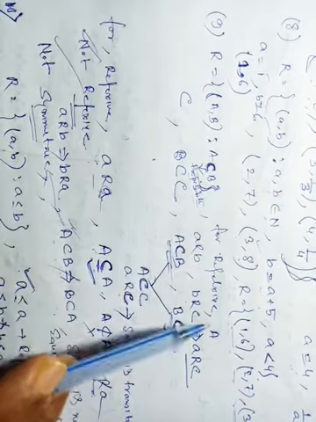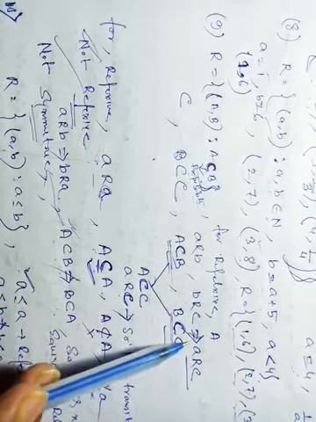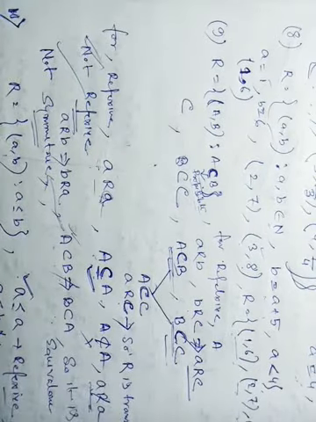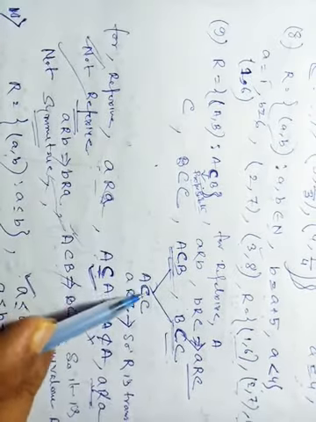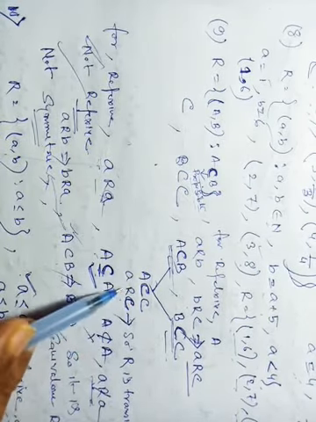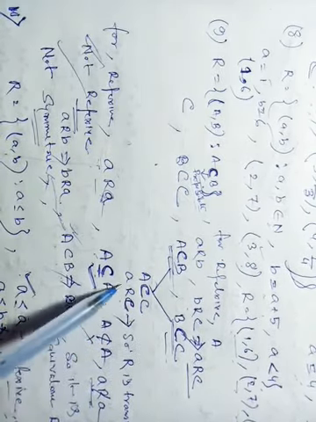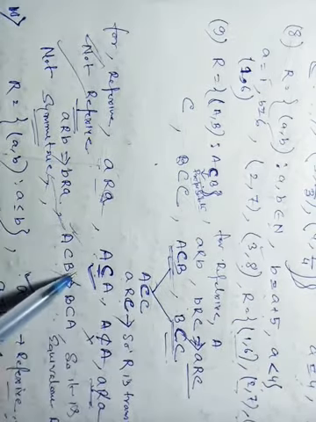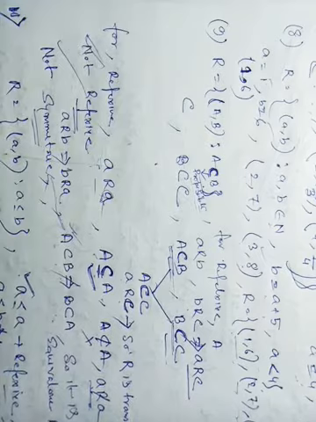If A is related to B and B is related to C, we have to show A is related to C. Now here from set theory we get A is a subset of C. That means small a is related to small c, where small a belongs to capital A and small c belongs to capital C. So R is transitive.